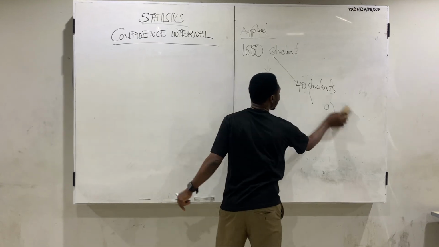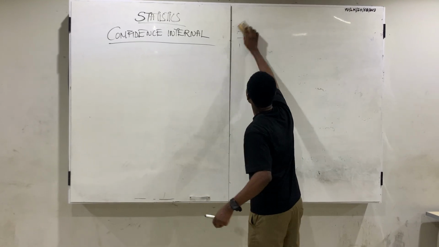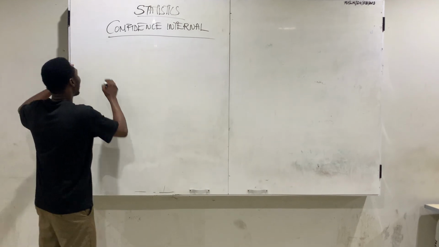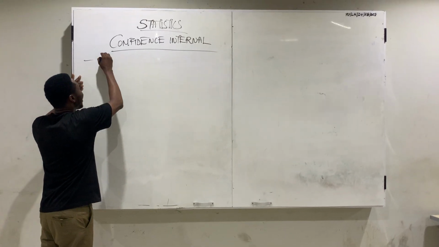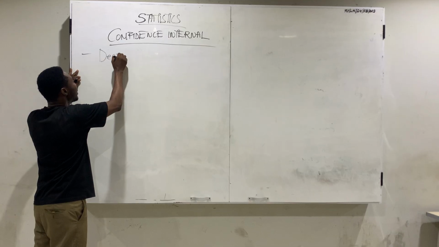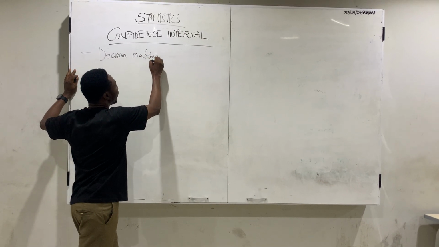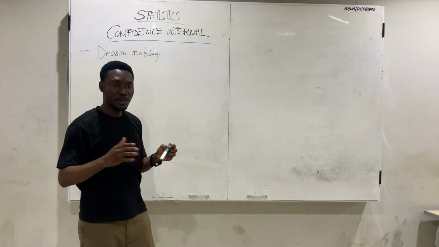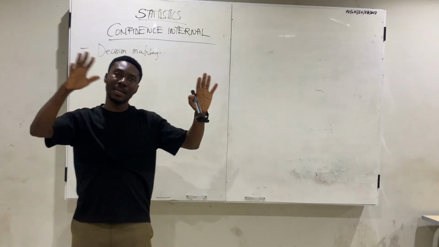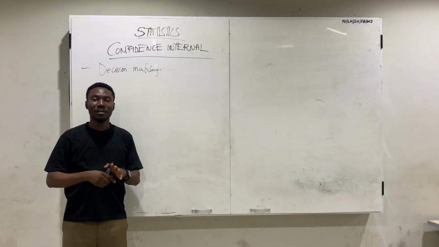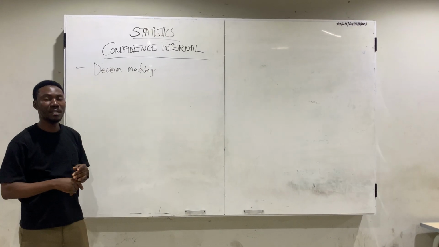So as health professionals, why is confidence interval important? Confidence interval is very important when it comes to decision making. Because sometimes you are handling a larger population in health system research and in administering interventions.